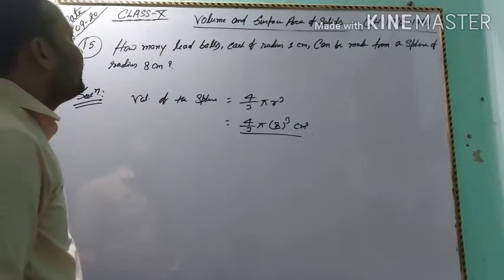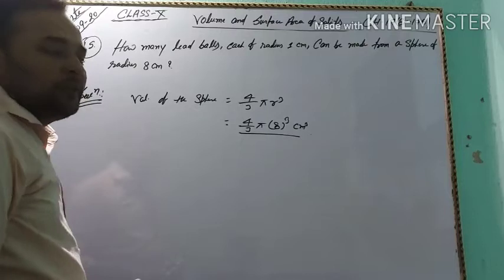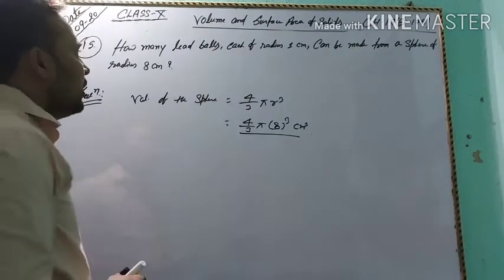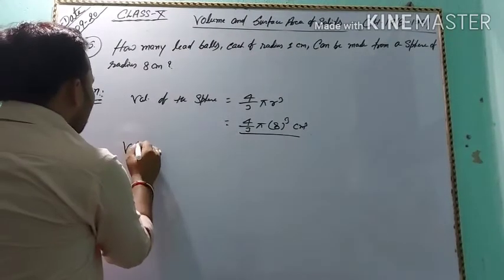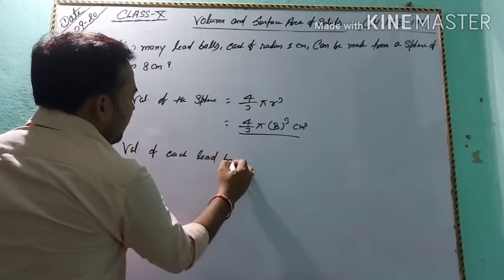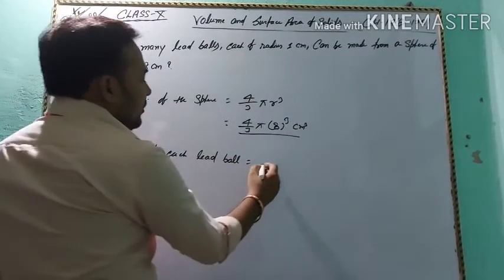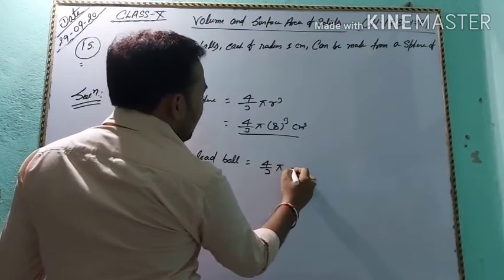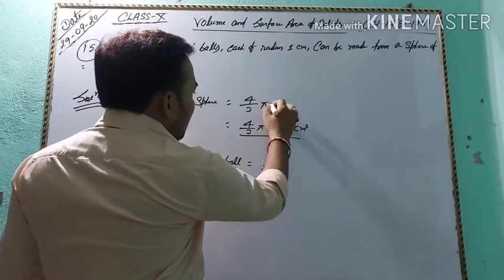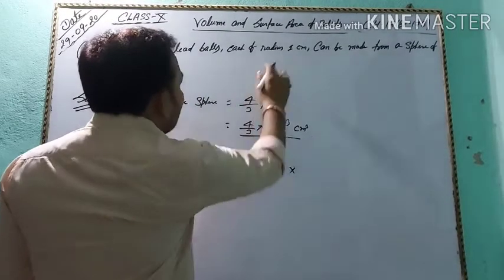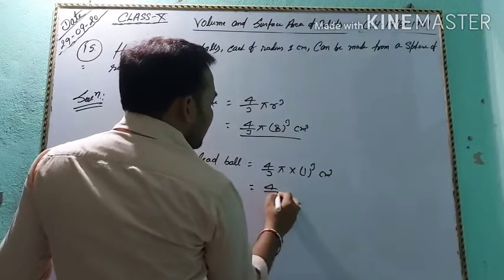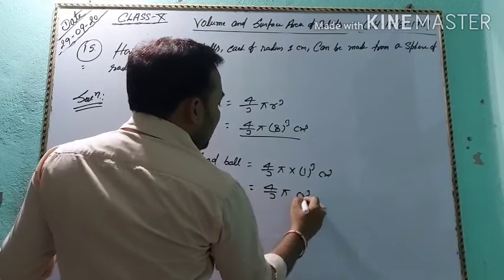And the lead ball is like a sphere, so the volume of each lead ball is 4/3 pi, and the radius is 1 centimeter, 1 cube cubic centimeter, that is 4/3 pi cubic centimeter.